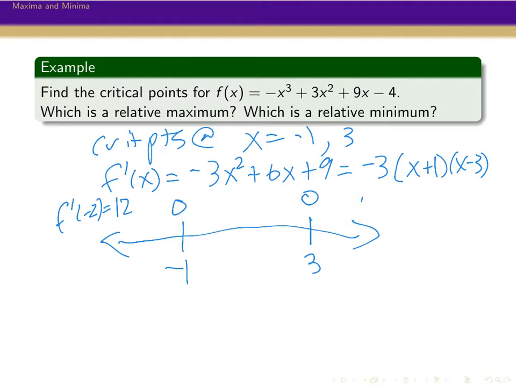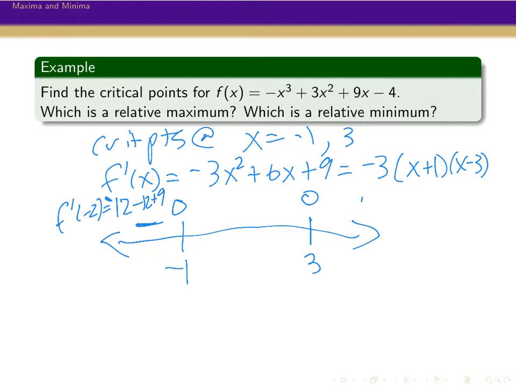minus 12 minus 12 plus 9. Is that right? That should be a minus 12 there, right? Yeah. Minus 12 minus 12 plus 9, and so that's minus 24 plus 9. I don't know exactly, but I can tell you it's going to be negative.